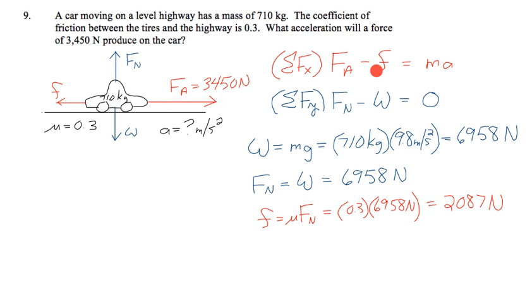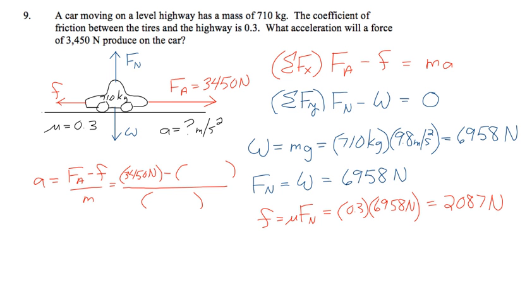And I'm going to use this descriptive equation to get the acceleration. So all I have to do is divide by the mass. So my acceleration is going to be Fa minus friction divided by the mass. And just put in those numbers and you'll have your answer. So Fa minus friction over the mass. The applied force was 3,450 newtons.